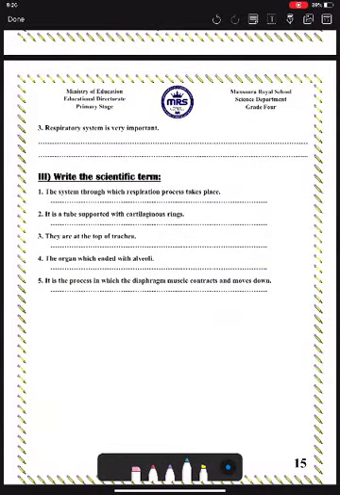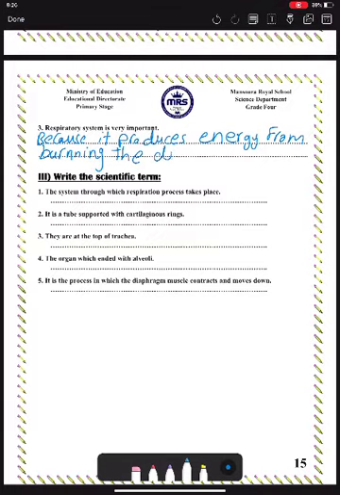Respiratory system is very important because it produces energy, to produce energy from burning the digested food.